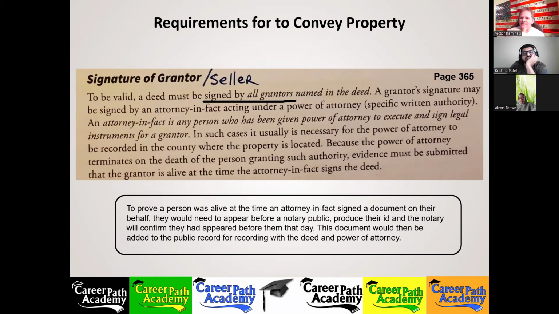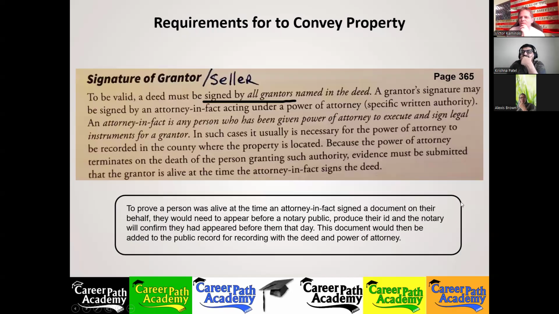Well, all you need is the person who gave them that power of attorney to appear before a notary, and the notary will sign a document showing that they produced identification and appeared before them on a date after they signed those legal documents. Because if they're alive after that day, that means they were alive on the day they were signing those documents, right?